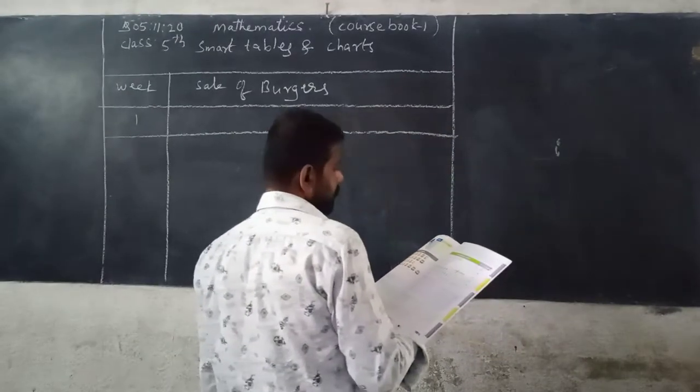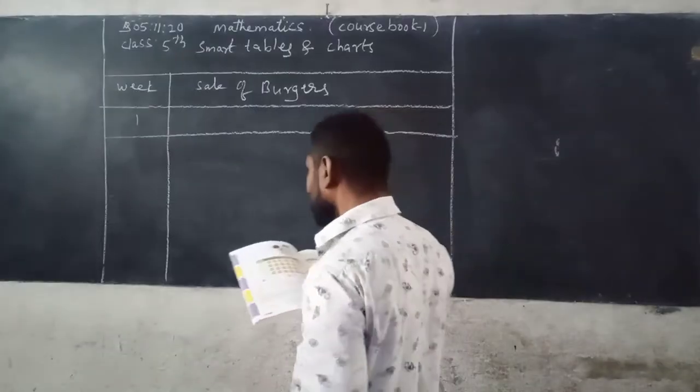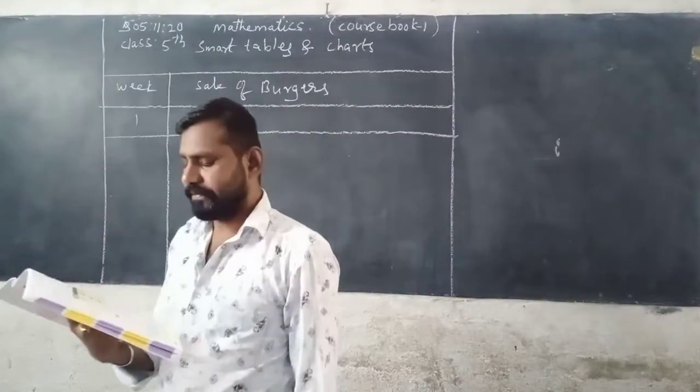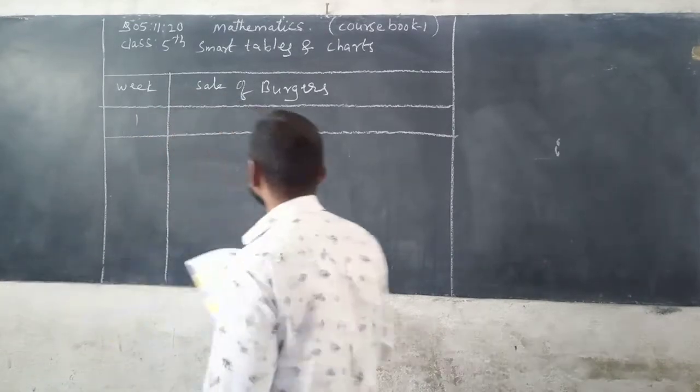First week means how many burgers? 65 burgers. But everybody write down the key.